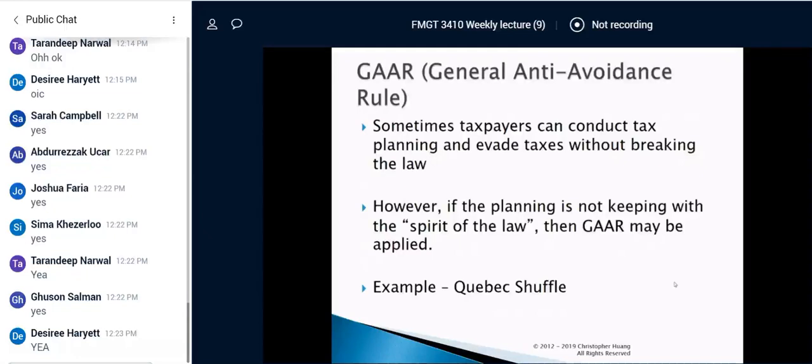An example of this is what we call the Quebec Shuffle. Years ago, the Quebec government, in its bid to be individualistic, said to companies, you can have a different year-end in Quebec than you do elsewhere in Canada. Corporations and tax advisors figured out that you can abuse this because you can manipulate when income is recognized in Quebec through various means, and you can actually end up paying less tax overall because of how the rules were structured.